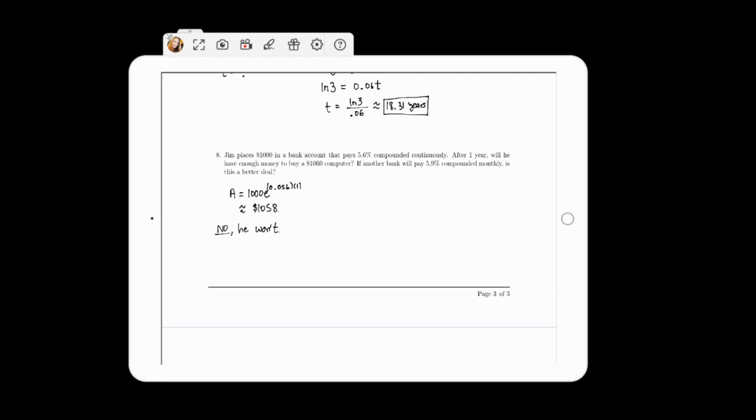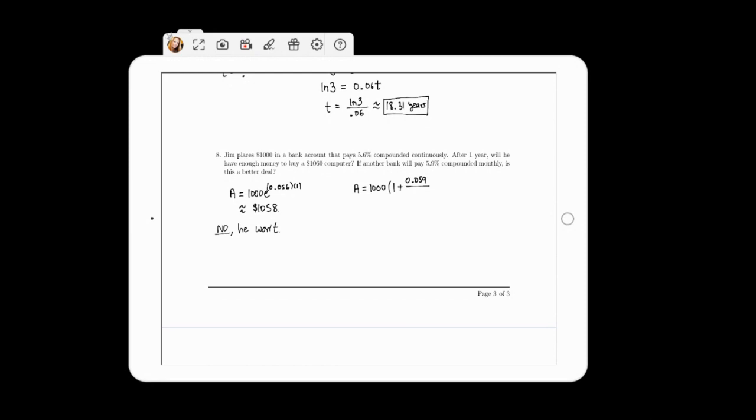Okay, so then we can look at the other scenario. So we have a higher rate, but now we are compounded monthly, not continuously. So we need to use the first formula. So we have A equals P times (1 + r/n).